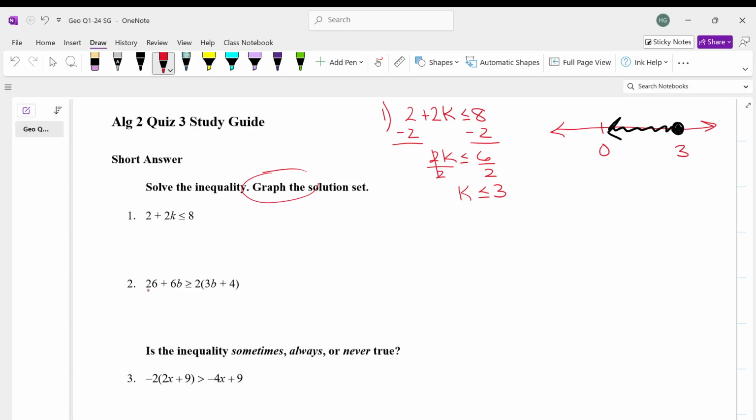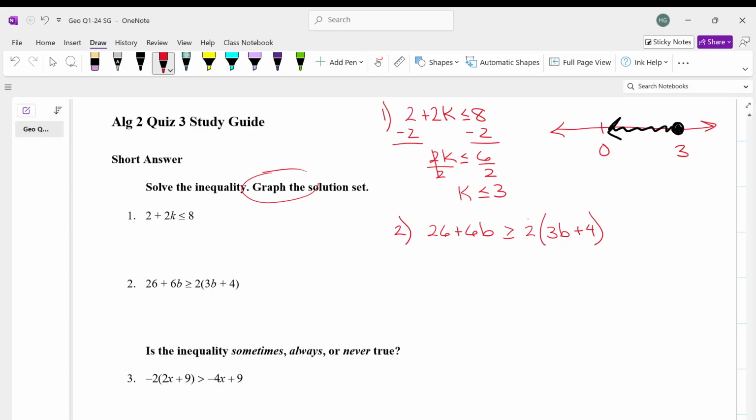In problem number 2, we got 26 plus 6b greater than or equal to 2 times 3b plus 4.